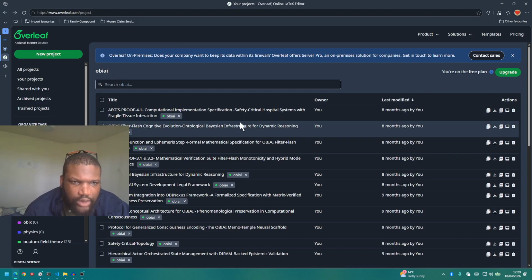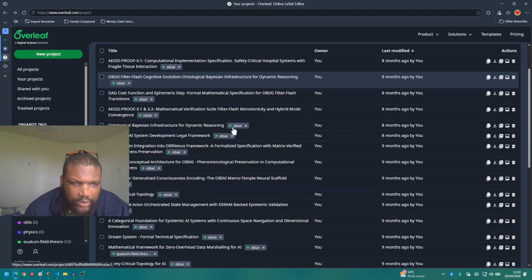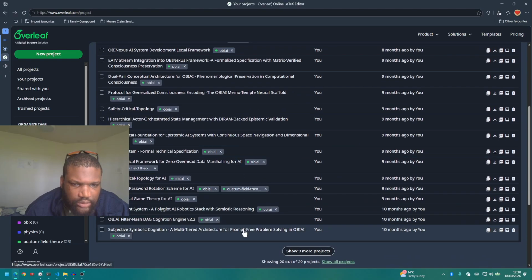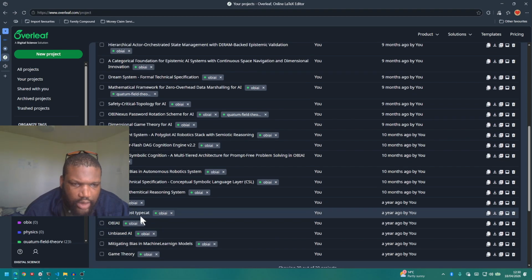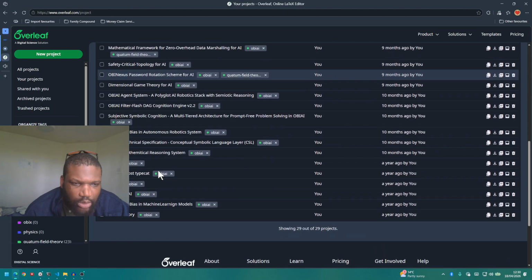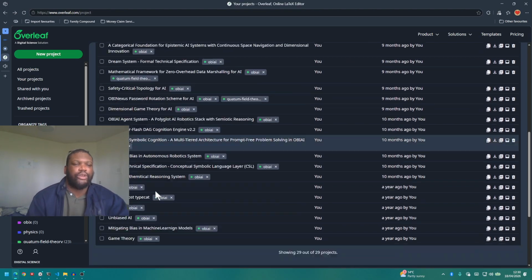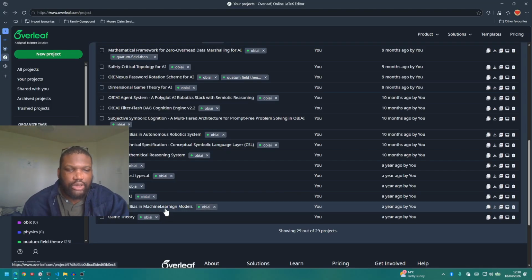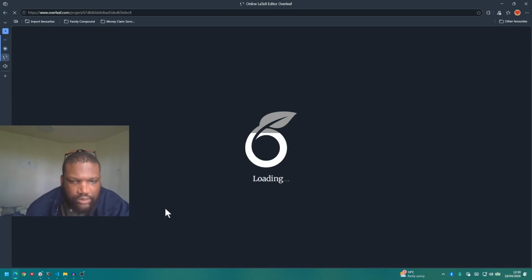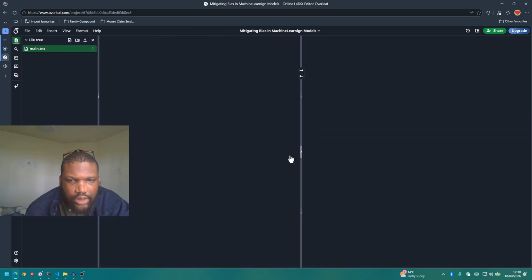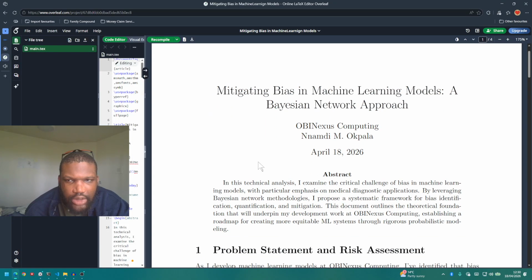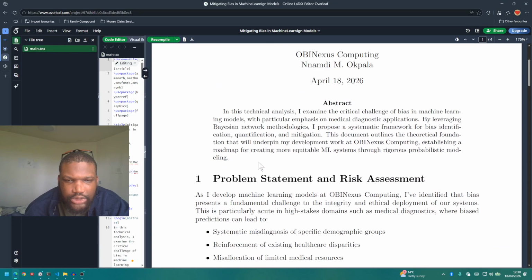So we have a filter class condition. We have here some of the projects I worked on. We're going to look at mitigating bias in machine learning models, documented with a Bayesian network approach.